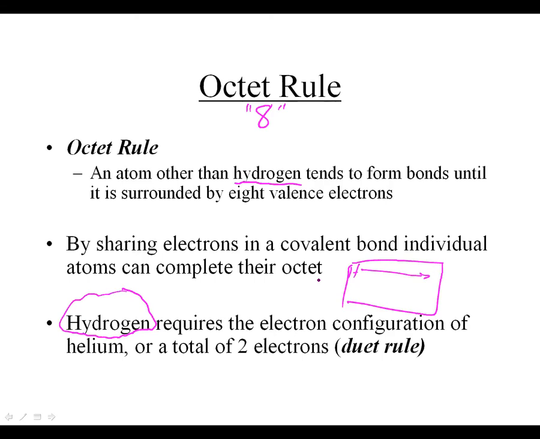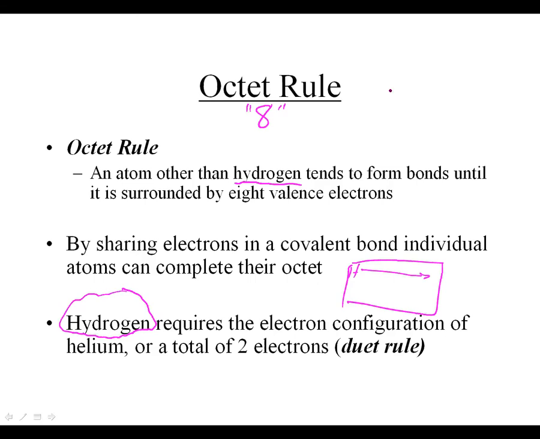Any questions on the octet rule, the duet rule, which is hydrogen? And again, as I mentioned, that is essentially why hydrogen will never be on the inside, because it will have too many electrons. So hydrogen always has to be on the outside, and it really should never have dots around it.